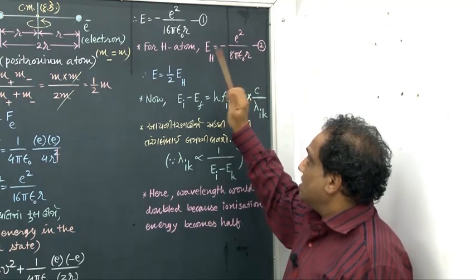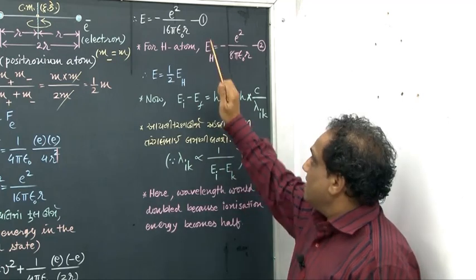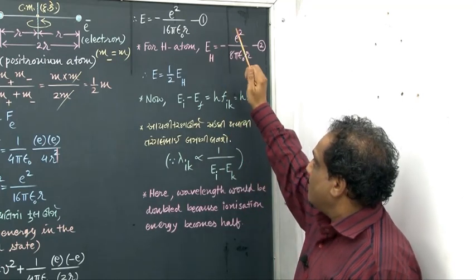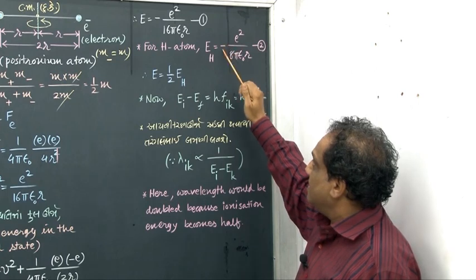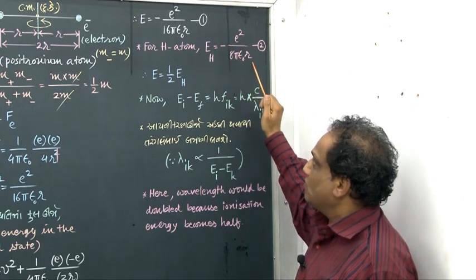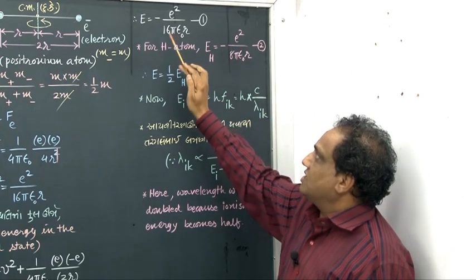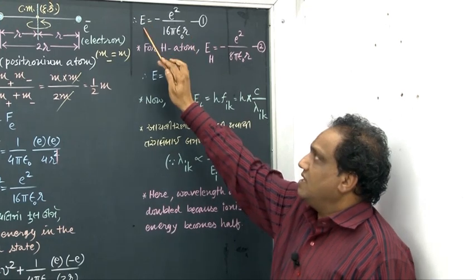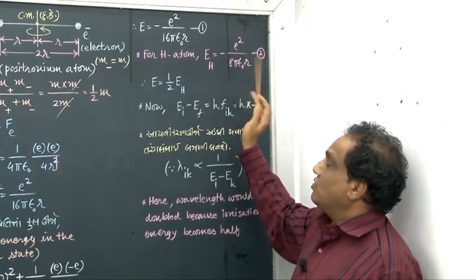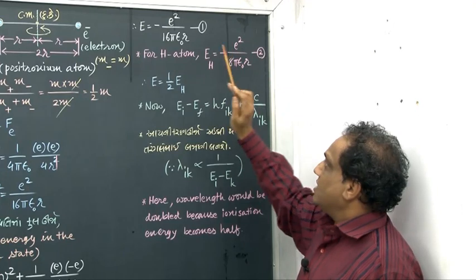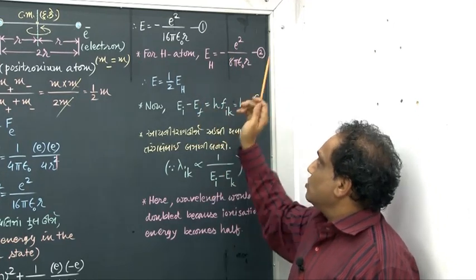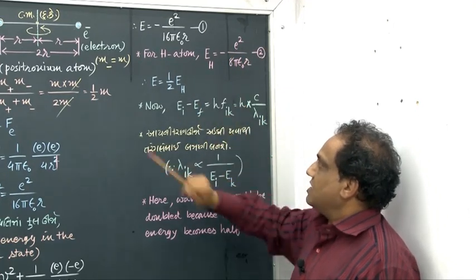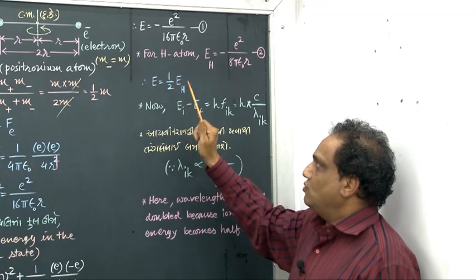If you multiply on both sides by 1 by 2, then here it is 1 by 2 EH, and on the right it becomes minus E square upon 16 pi epsilon 0 r. But minus E square upon 16 pi epsilon 0 r is nothing but E. So E equals 1 by 2 EH.